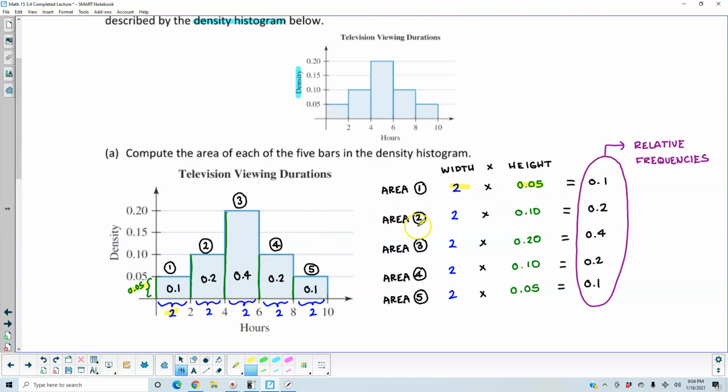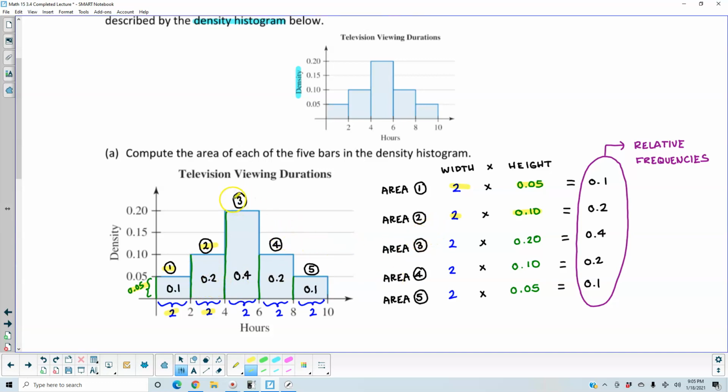Next, we have area 2. Area 2 has a width of 2, and it has a height. If you look at the height, it goes up to 0.10. So 2 times 0.10 is 0.2. So therefore, you can see here that the area of the bar is 0.2.